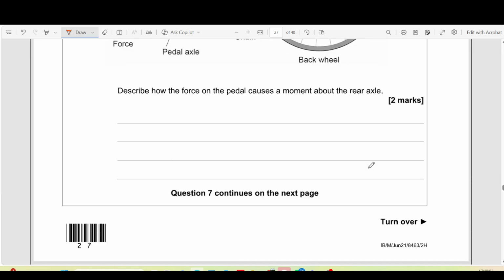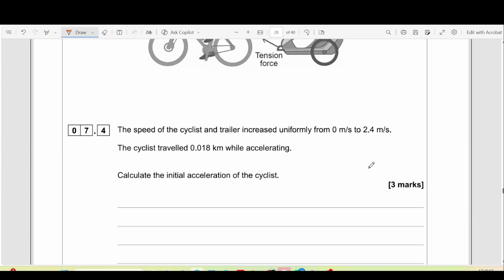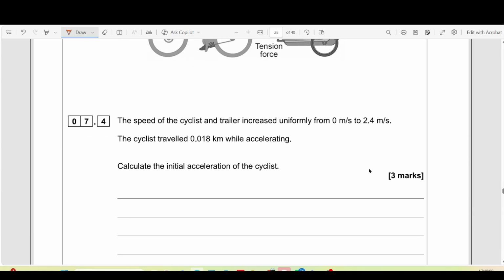The speed of the cyclist and trailer increased uniformly from 0 meters per second to 2.4 meters per second. The cyclist traveled 0.018 kilometers while accelerating. Calculate the initial acceleration of the cyclist.